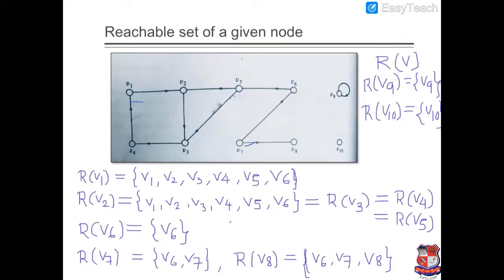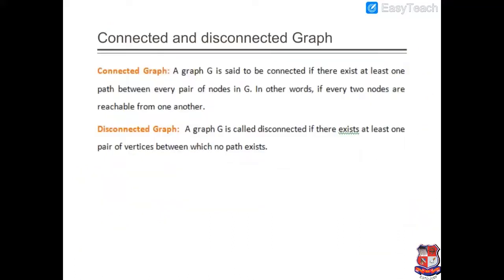So here we can write the reachable set of each and every vertex of a directed graph G. Now we discuss connected and disconnected graphs. What is a connected graph? A graph G is said to be connected if there exists at least one path between each and every pair of nodes in graph G. In other words, every two nodes are reachable from one another.